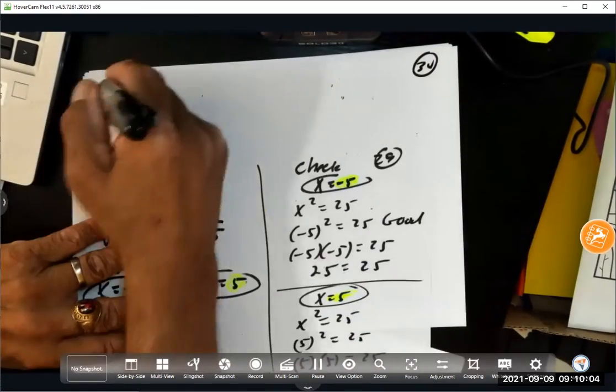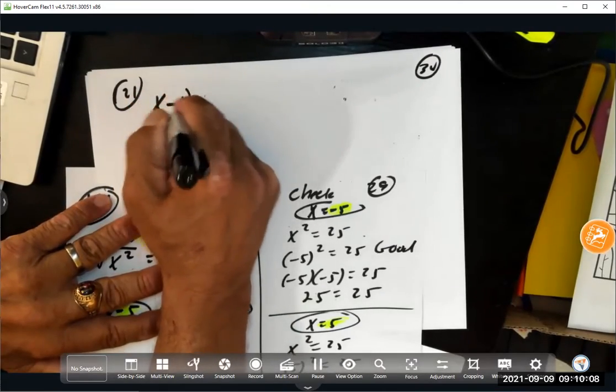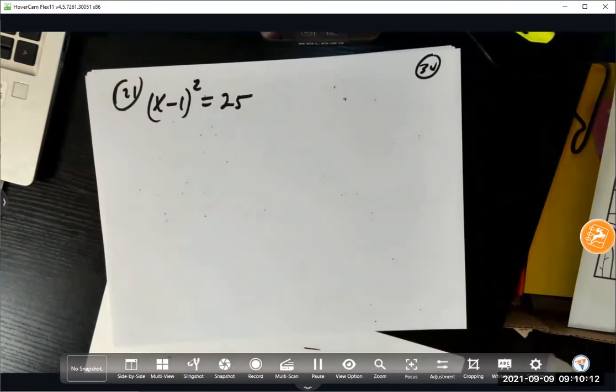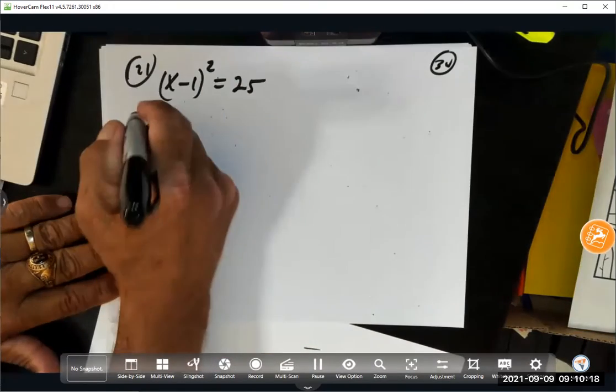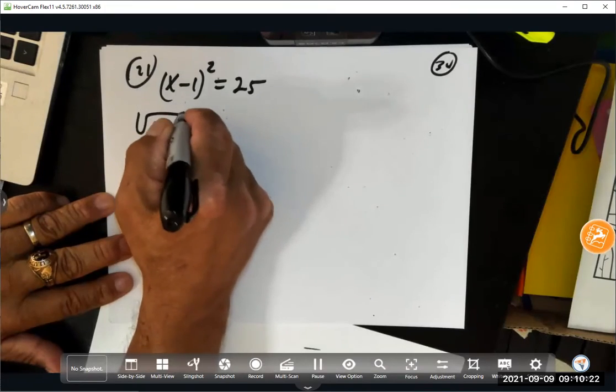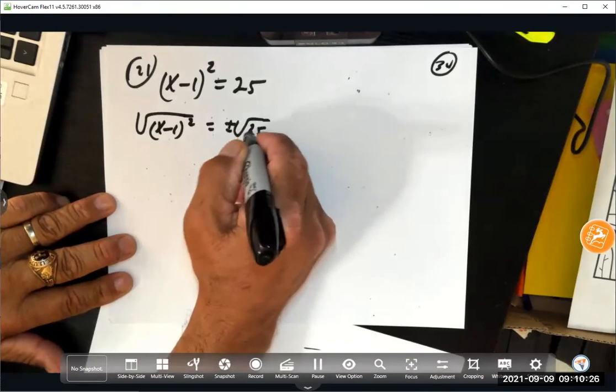All right. Suppose it's harder than that. Suppose it looks like this: x minus 1 squared is 25. What if it looks like that? I'm going to still square root it on both sides. Ready? So x minus 1 equals plus or minus the square root of 25.